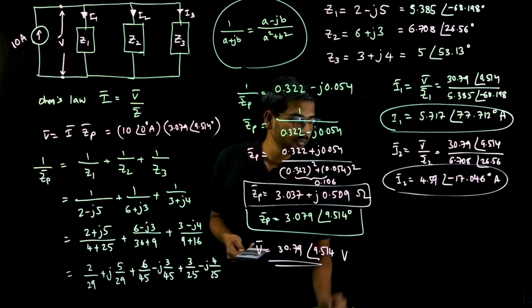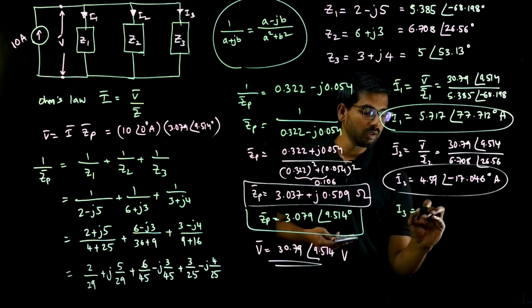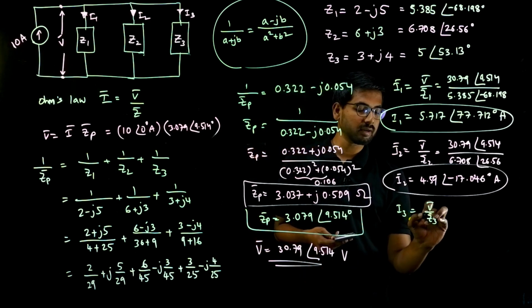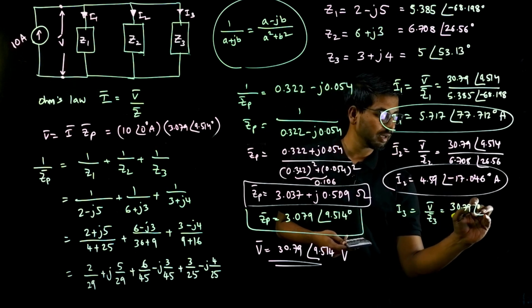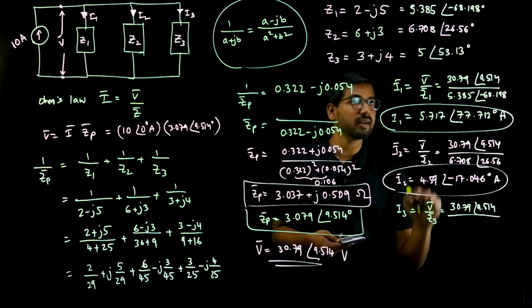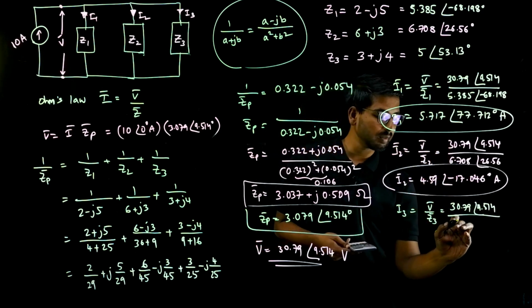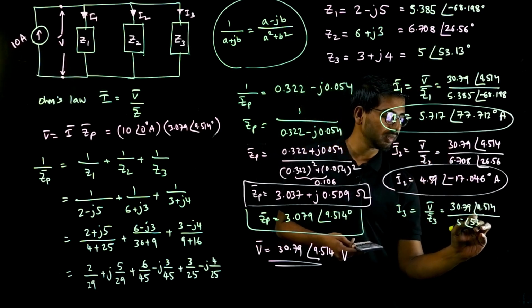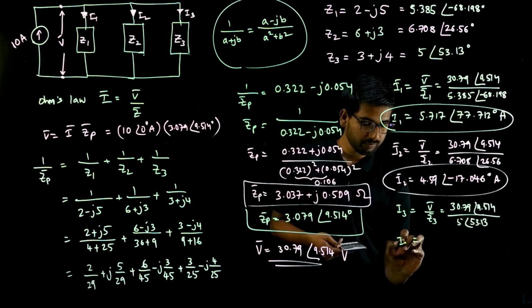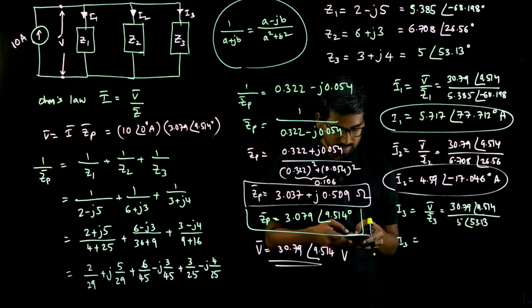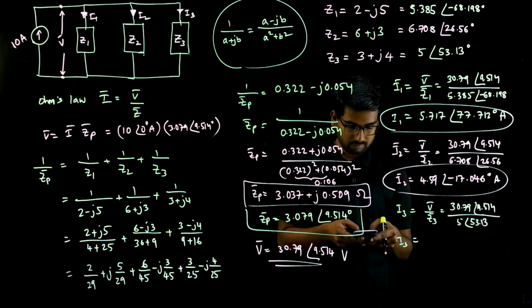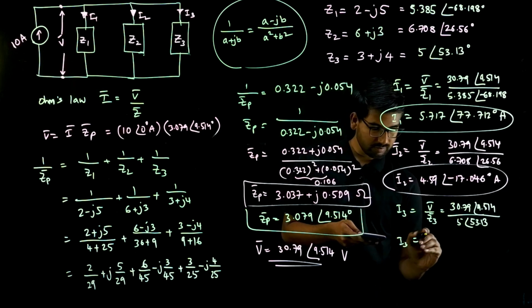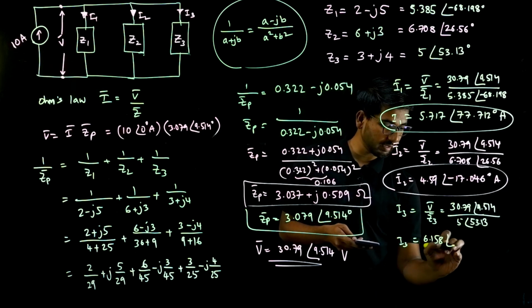Okay. Similarly, finally, I3 is V bar by Z3 bar. So that will be 30.79 at an angle of 9.514 divided by Z3, which is 5 at an angle of 53.13. So that will give me 30.79 divided by 5, that is 6.158 at an angle.